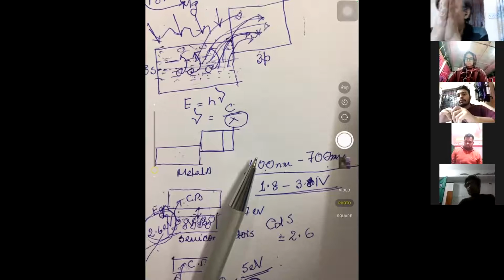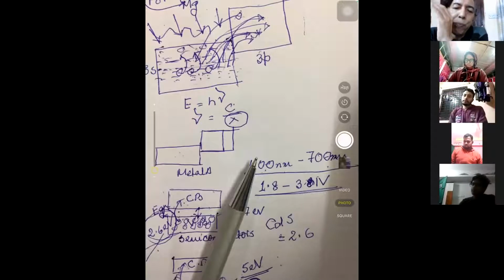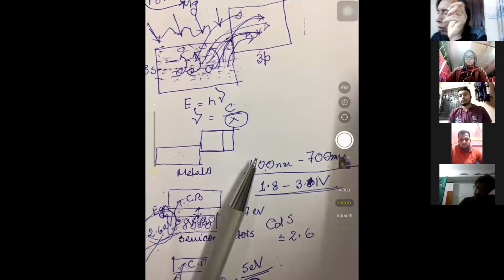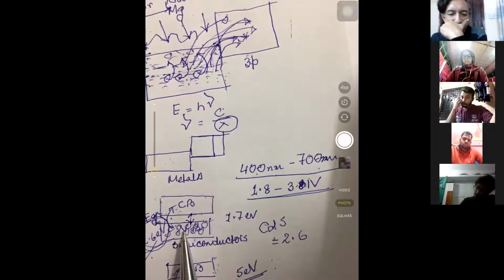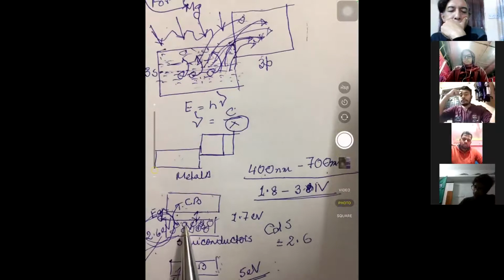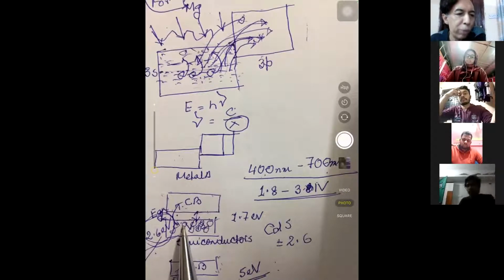ঠিক আছে, ভেরি গুড। নাও, যে ওয়েভটার এনার্জি 1.8 ইলেকট্রন ভোল্ট, সে ওয়েভটা যদি এখানে পড়ে, তাহলে কি হবে? এই ইলেকট্রনগুলো কত এনার্জি পাবে? 1.8 ইলেকট্রন ভোল্ট। It will not absorb this energy.